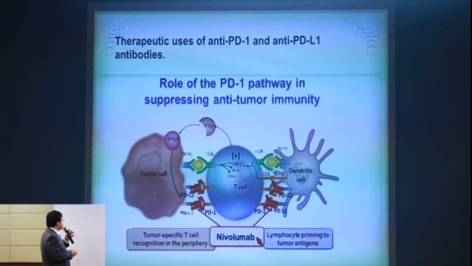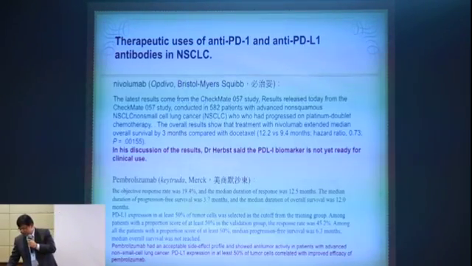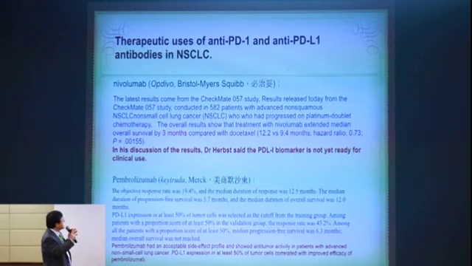So if we block the inhibitory signal, the tumor cells will not escape from the attack by the immune cells. And these two kinds of antibody have now become products. Two pharmaceutical companies produce these two antibodies. One is Bristol Myers Squibb. The other is Merck. And these two we can say are a kind of biodrug.